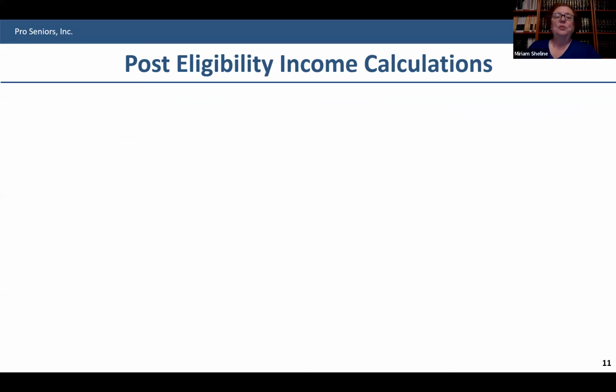Now we move to what they owe to the nursing home or to the PASSPORT provider. This is post eligibility. When we go to that stage, we take off the income eligibility hat and put on the patient liability hat.